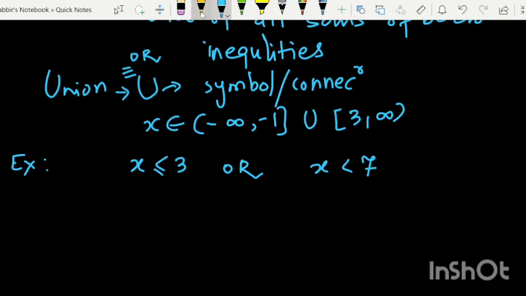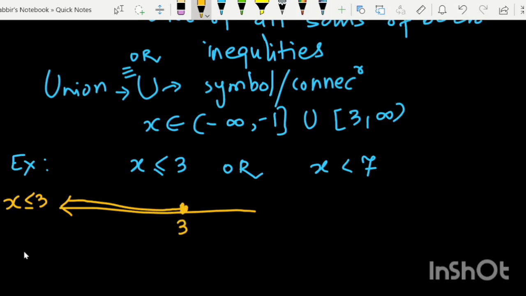So we will draw a number line. We will first plot this, we will mark 3, x less than or equal to 3. Okay, and then all the values lesser than 3 we will take. 3 is included here. Now the second, x less than 7, we will plot. 7 lies on the right side of 3, so I will plot 7 here.